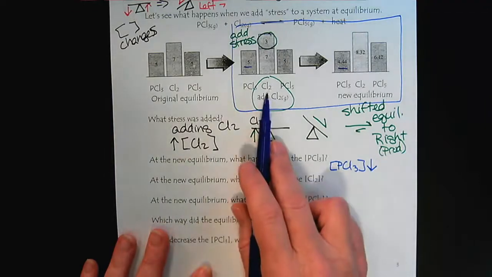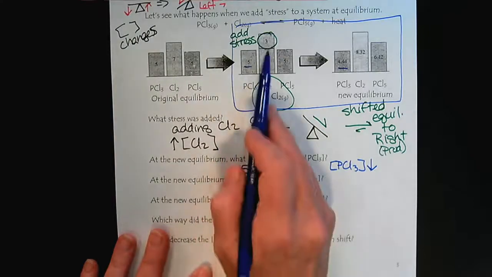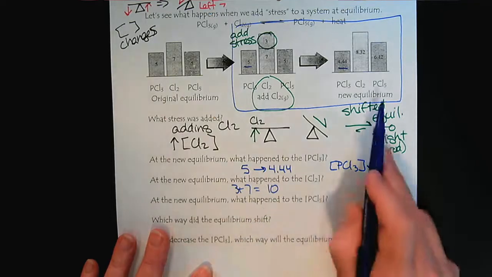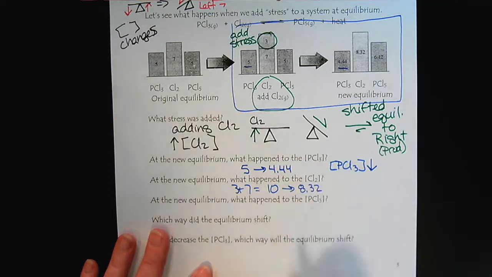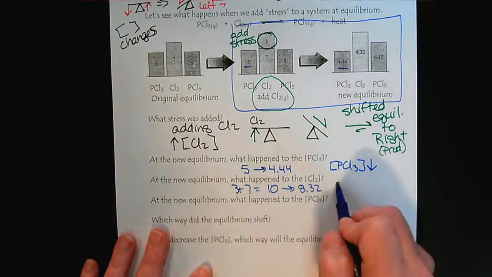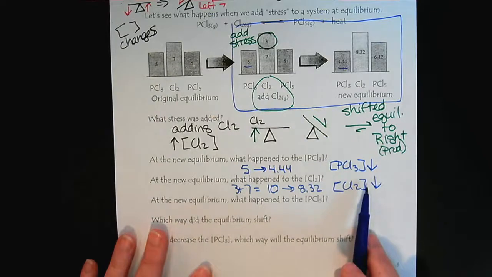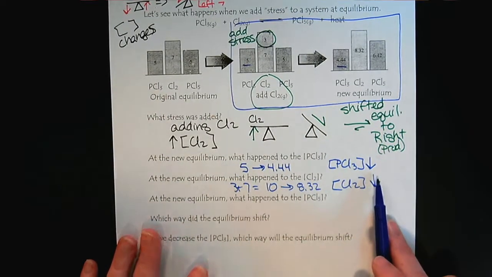What happened to the chlorine concentration? Well, the original chlorine concentration was 3 plus 7, which is 10. And once we have reached equilibrium, it's only 8.39. And this makes sense because these are both reactants. So because the equilibrium has shifted to the right, we've had a loss of reactants.